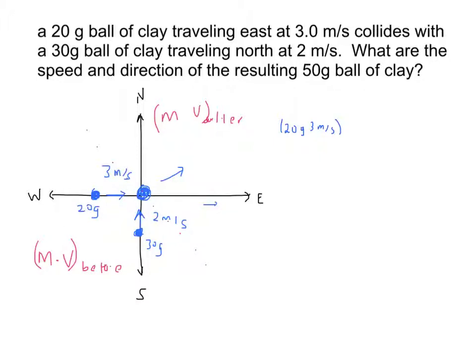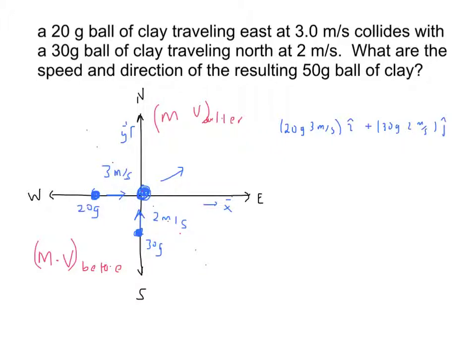If I call this the x direction and this the y direction up here, I can use what's called a unit vector for x, often indicated with the vector i hat, plus the vector for y, or the momentum in the y direction, which is 30 grams going at 2 meters per second in the j direction.